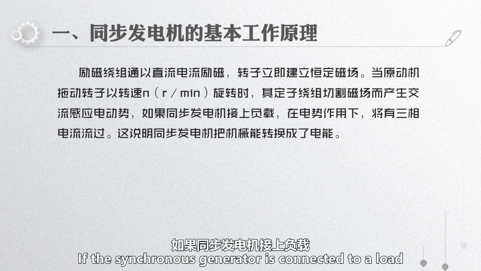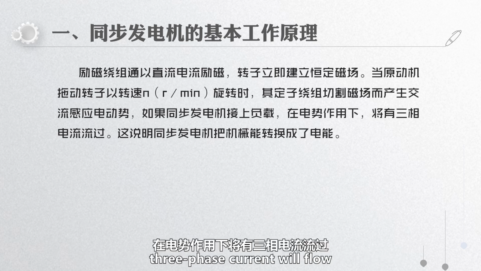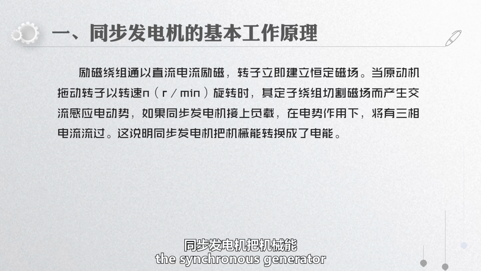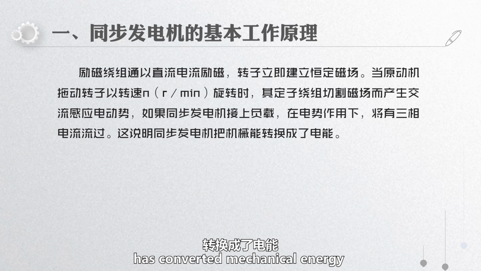If the synchronous generator is connected to a load, three-phase current will flow under the influence of the potential. This indicates that the synchronous generator has converted mechanical energy into electrical energy.